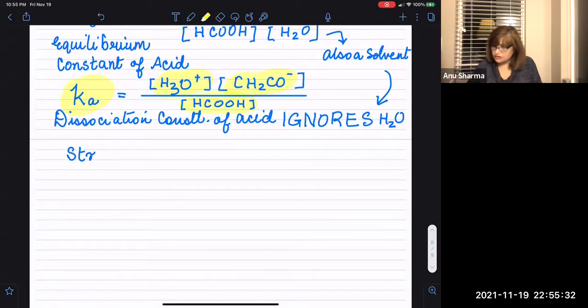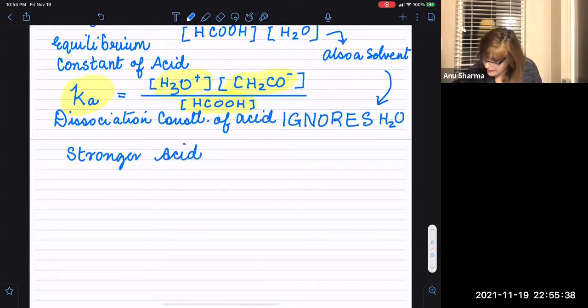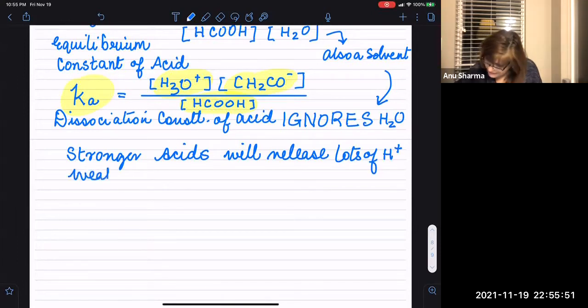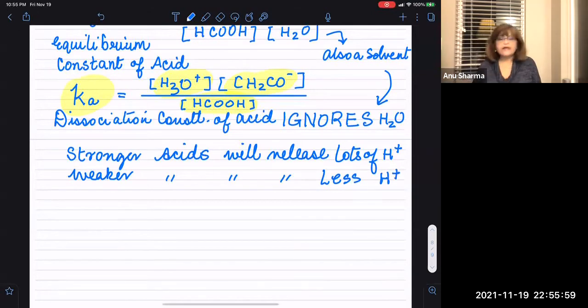So the stronger acids will release lots of hydrogen ions, and weaker acids will release fewer hydrogen ions.